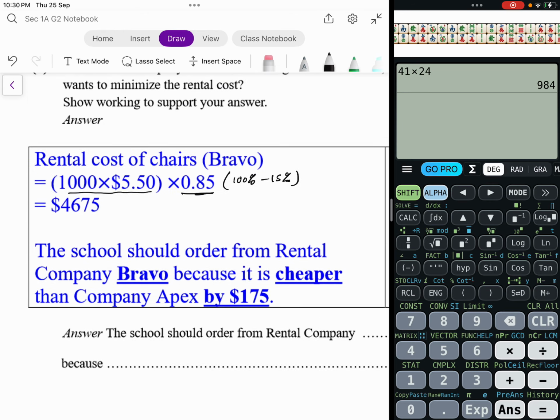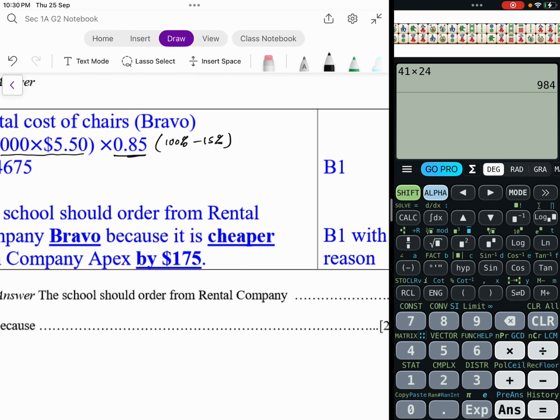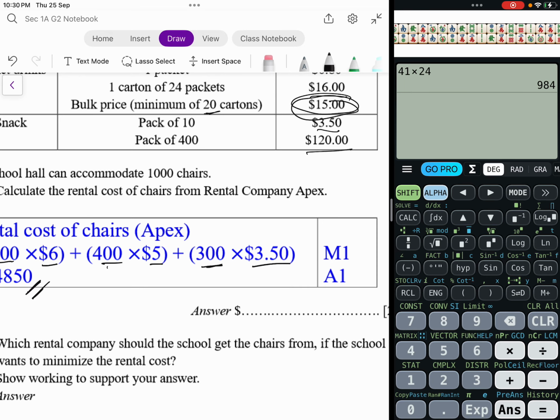Now your cost of snacks will be, pack of 10 is 350, pack of 400 is this one, 120. So if you look at it, 350 divided by 10 is 35 cents per snack. But 120 divided by 400, that means one snack is 30 cents. So it's cheaper to order in bulk also.